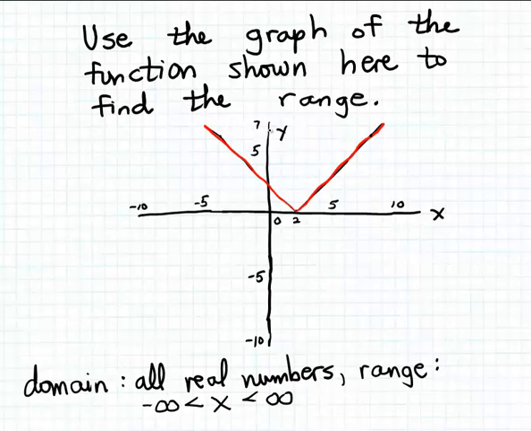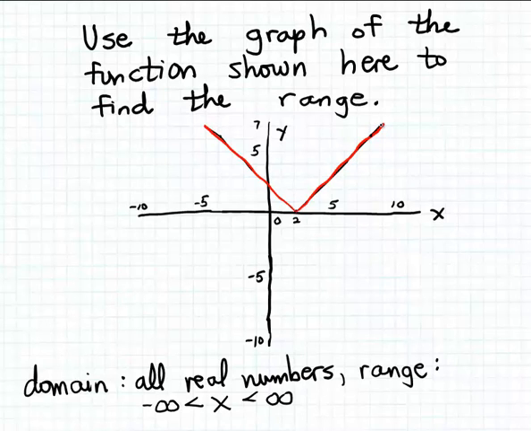So it would appear that the maximum output value is 7. And so you might mistakenly write down that the range of this function is numbers from 0 to 7. But like in our last example, you have to pay attention to how the graph is actually drawn.